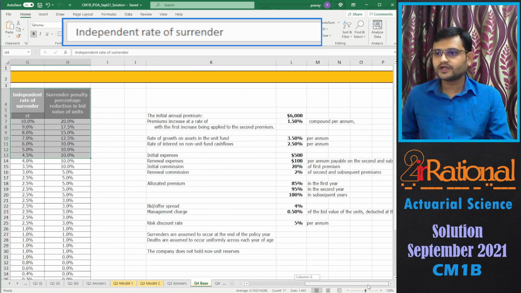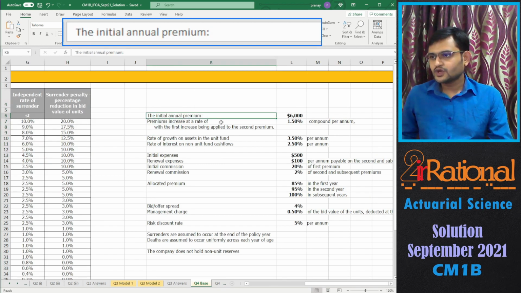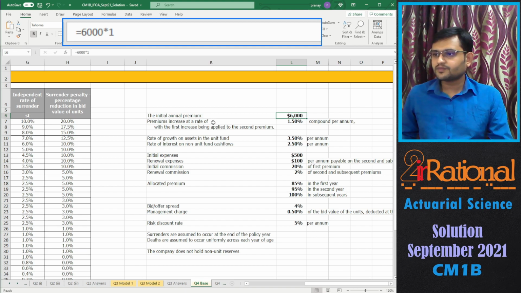What is important is the values given here. Our initial annual premium is said to be 6,000. The premium increases at the rate of this much, so we have increasing premium, with the first increase being applied to the second premium. This is our growth rate. Rate of interest for the non-unit fund is also given to us.